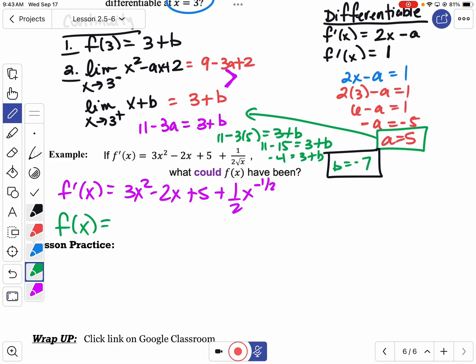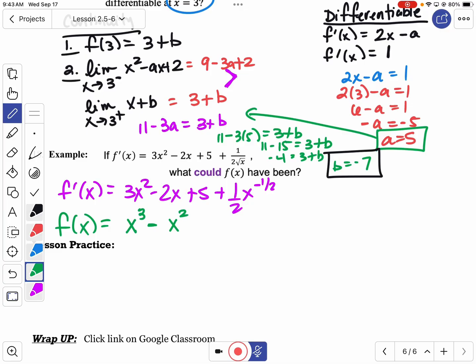So to get 3x squared, what would I have had to start with? X to what power if I took a derivative and it took it to the second? Cubed, okay? The coefficient works, right? That gives me 3x squared, so that's going backwards. All right, I got a minus there, so I'm going to need a negative. I have x to the first, which means I had to start with x to the second.